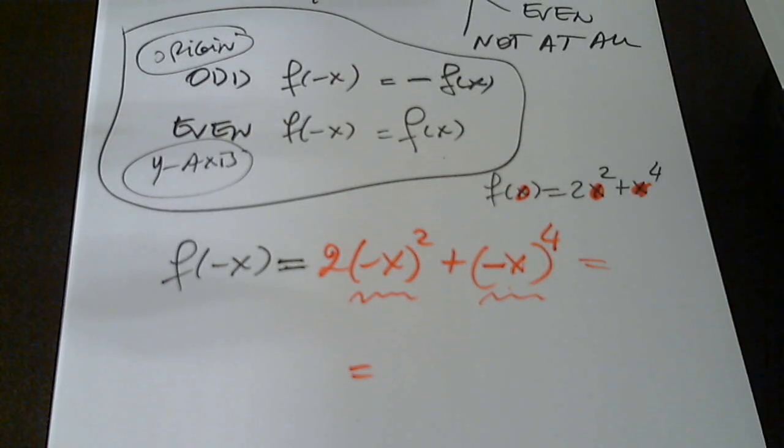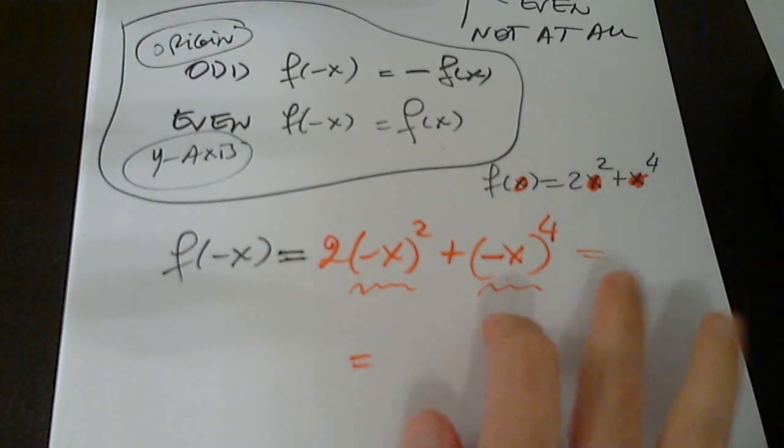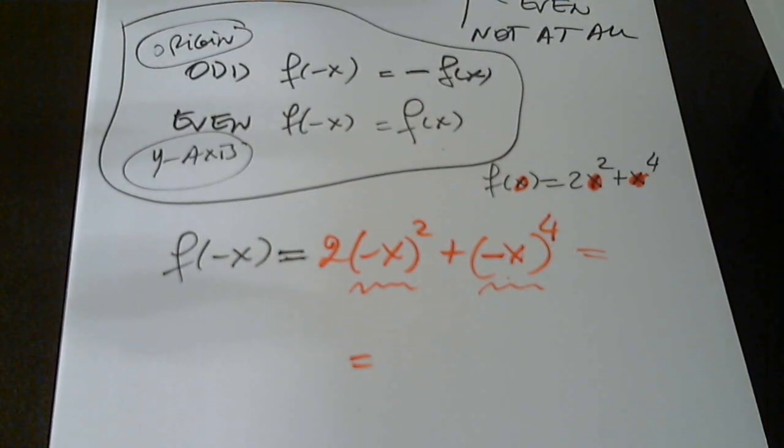How much is negative x times negative x, for negative x squared? And how much is negative x times negative x times negative x times negative x? Can anyone simplify this for us?